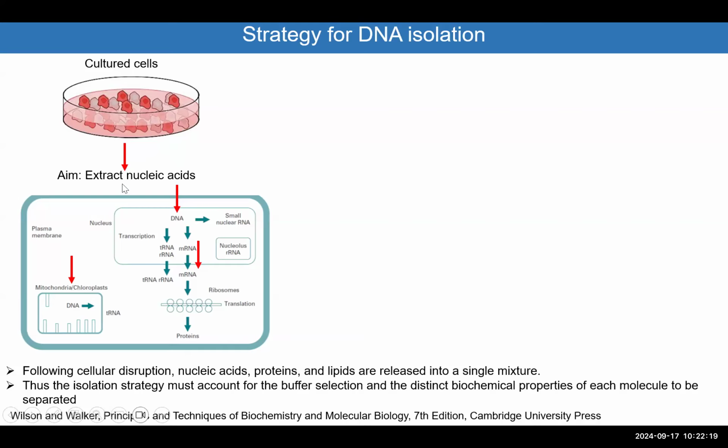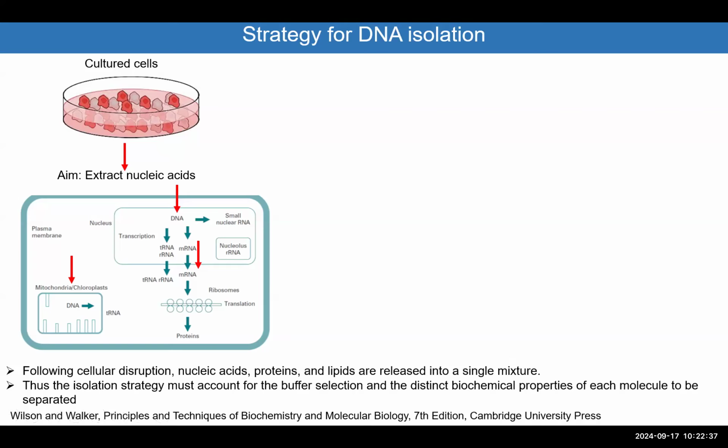In other words, if I lyse the cells with a detergent and mechanical breaking, the RNA, the DNA, and the proteins will all form one mixture. And that single mixture is going to be difficult to dissociate.